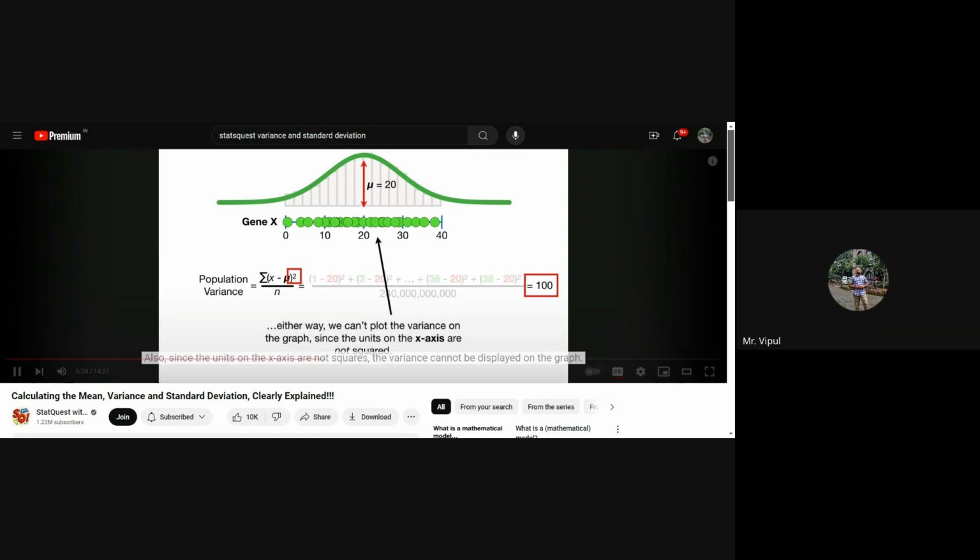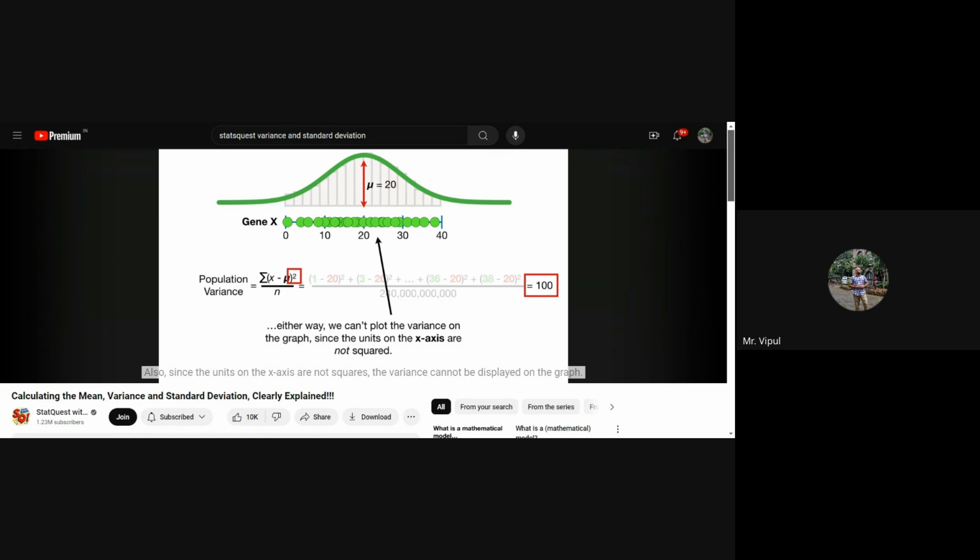Because each term is squared, the units for the result, 100, are mRNA transcripts squared. Note, if the data had been the number of apples in grocery stores, then the variance would be 100 apples squared. Either way, we can't plot the variance on the graph since the units on the x-axis are not squared.